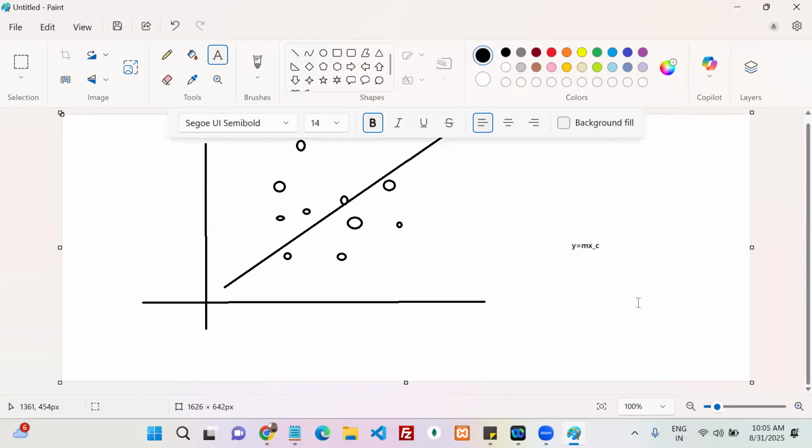It is the intercept, you can say. Once you have these values, we can find the y value or not. Yes or no? You can take one simple example there.